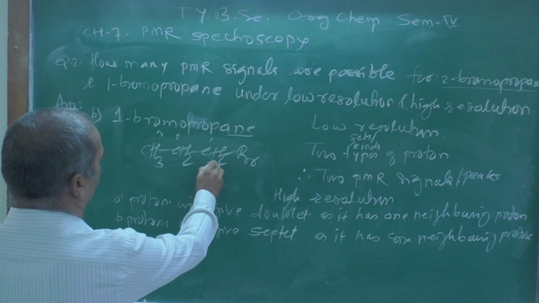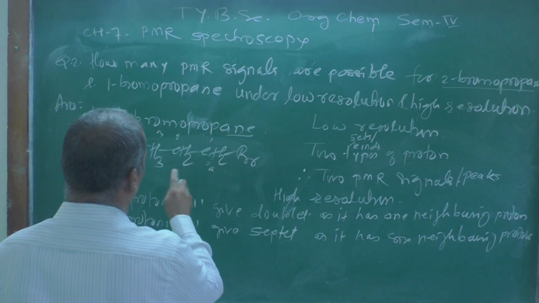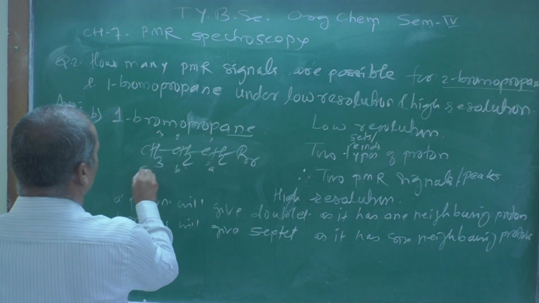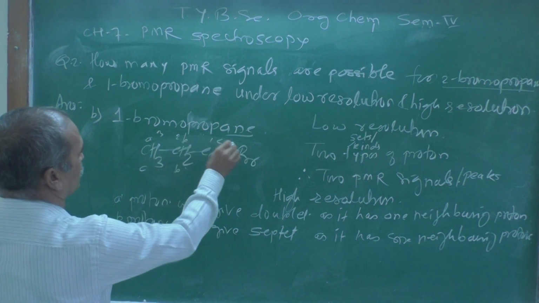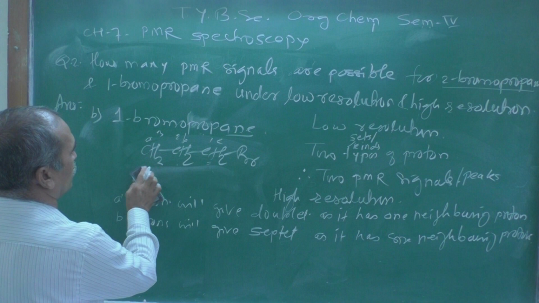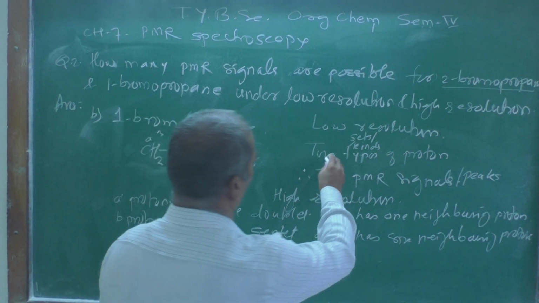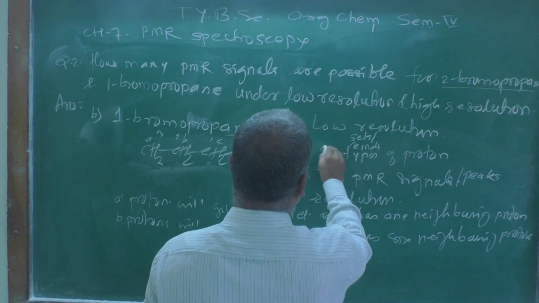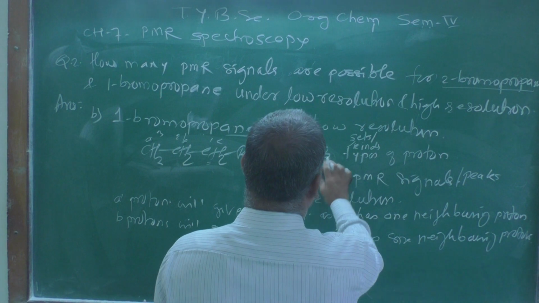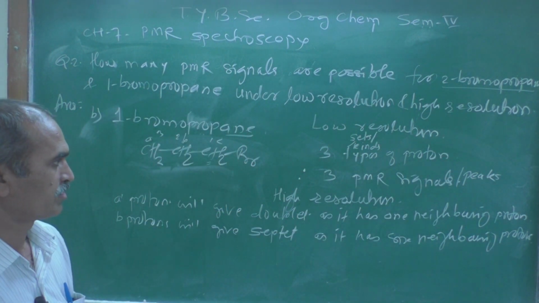Look at this methyl group and this. Are they the same? No, they are different. So this will be A, this B and this C. It doesn't matter which way you label. So A, B and C. At low resolution, three types of protons, therefore 3 PMR signals or peaks.